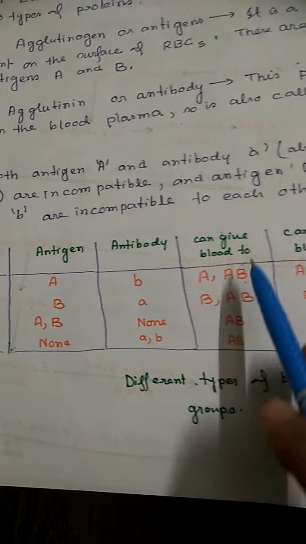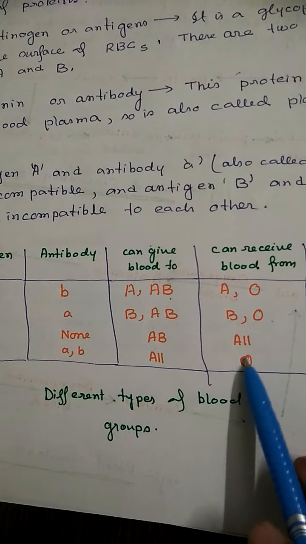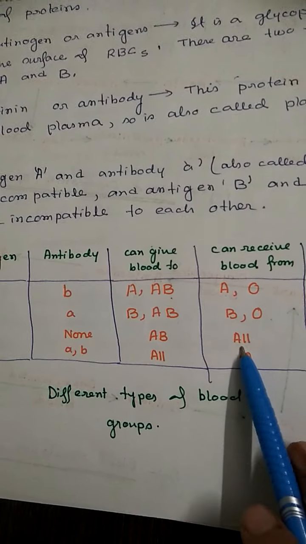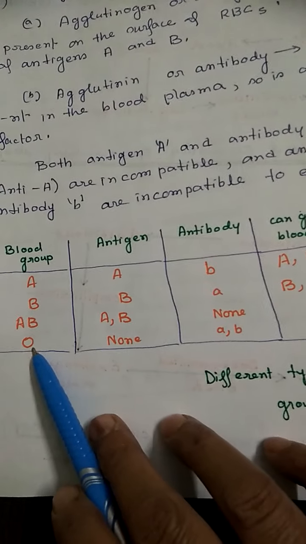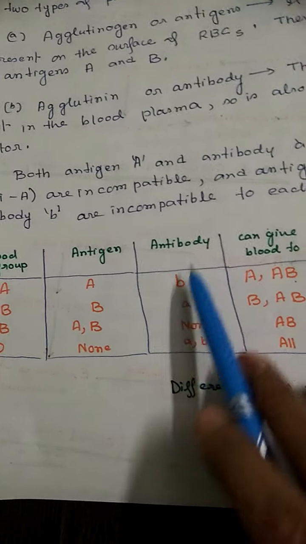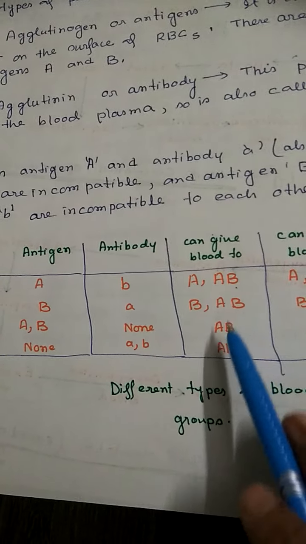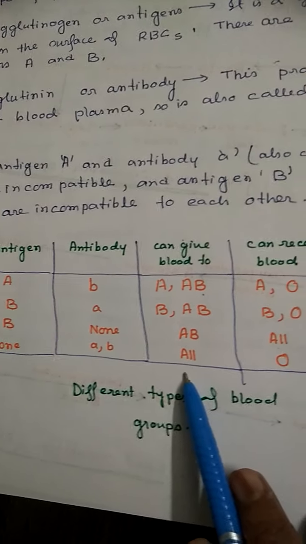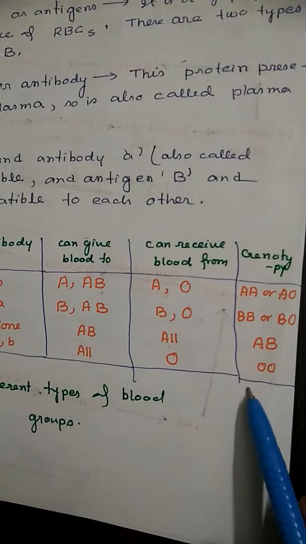It can give blood to AB group and receive from all groups, so it is a universal recipient, and the genotype is AB. Blood group O: here no antigen is there, so antibodies are small a and small b. It can give blood to all groups, but receives only O, and its genotype is OO.